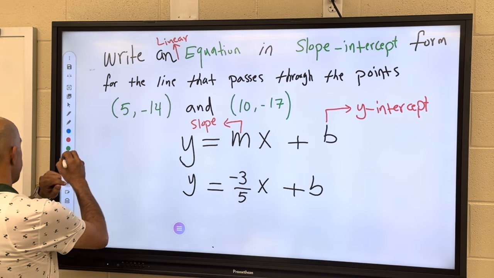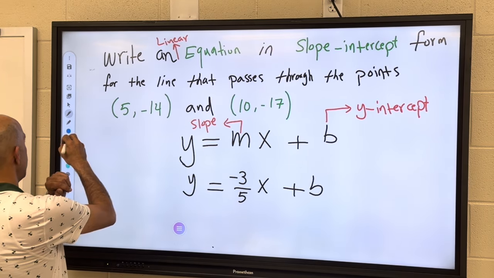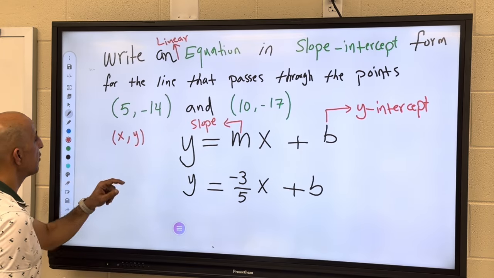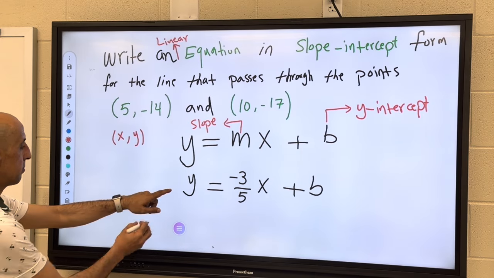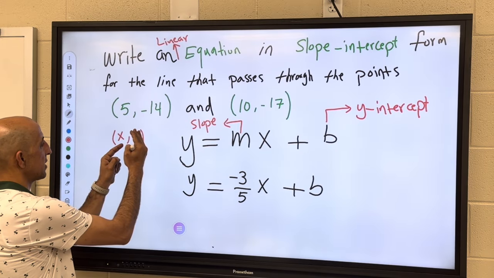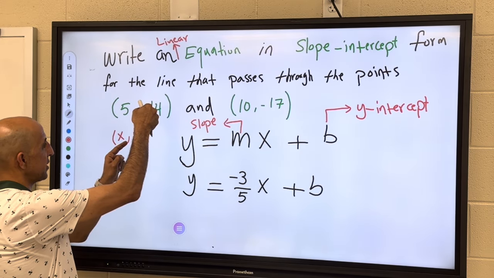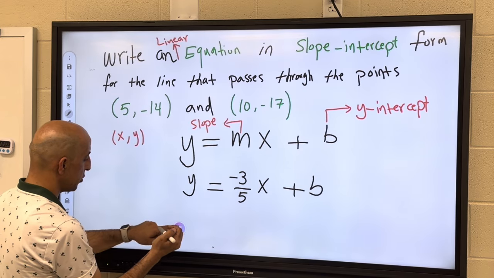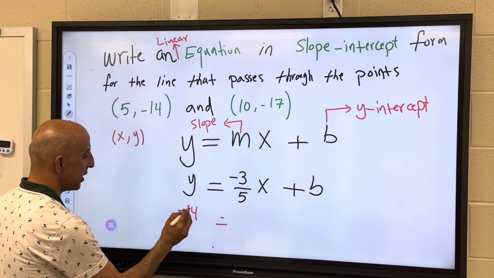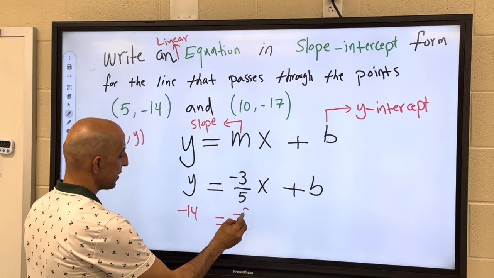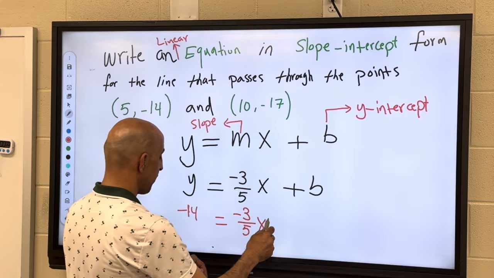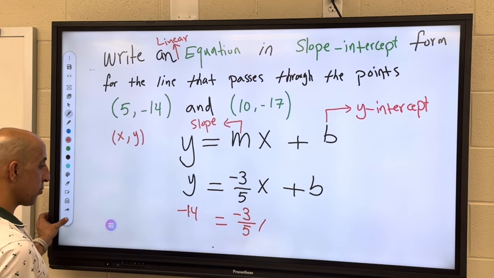Now, this point, like any point, is written as x and y. So we need to substitute for y. The negative 14 is for y, so we substitute negative 14 for y equal to negative 3 over 5 times x.